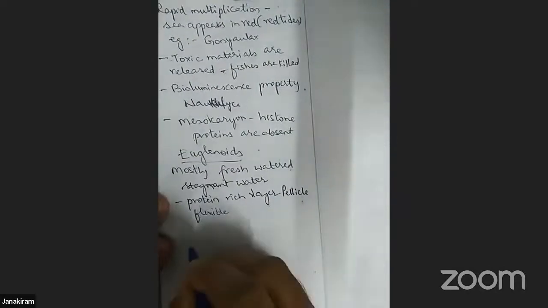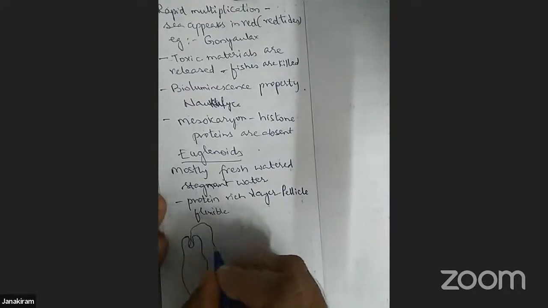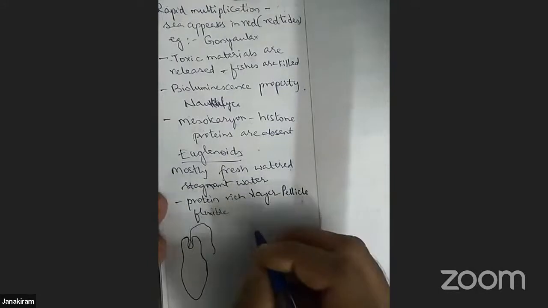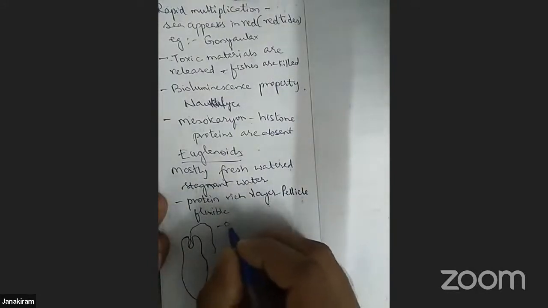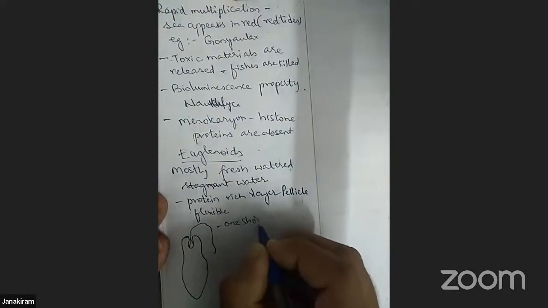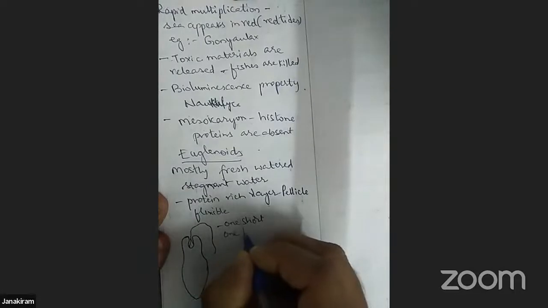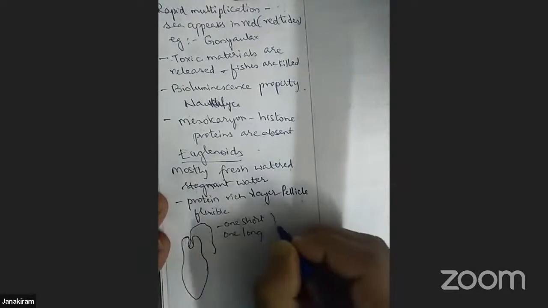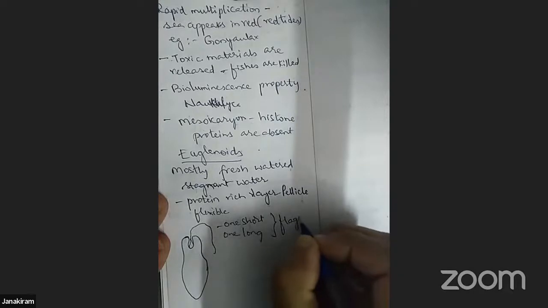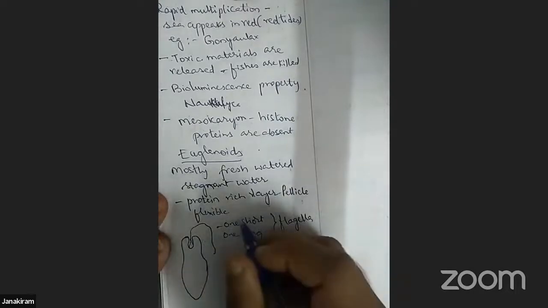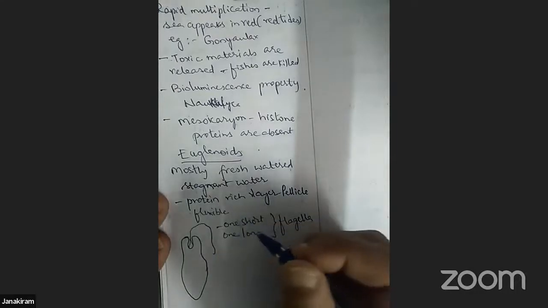And they have two flagella. It has an anterior side and also a posterior side. On the anterior side, it will produce two flagella. One flagellum is small and one is bigger in size, one short and one long flagellum. They come out through the anterior side.